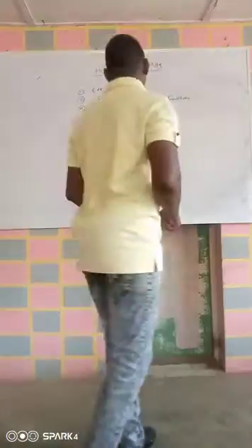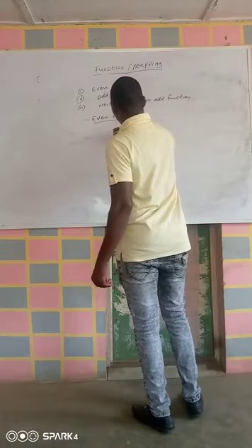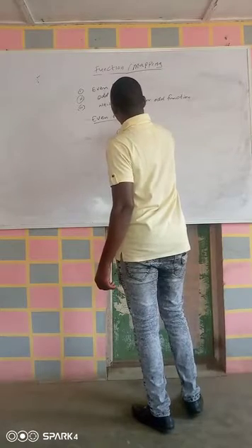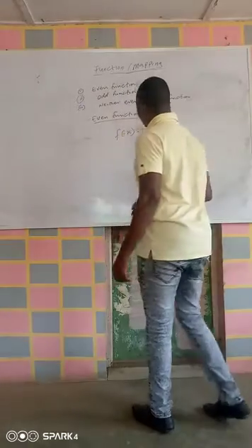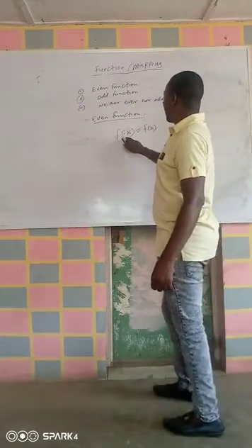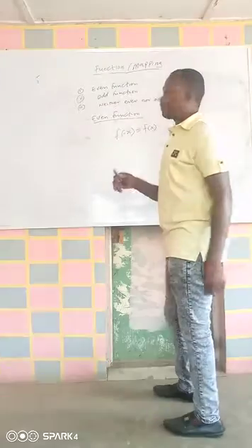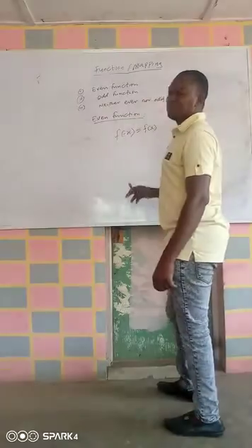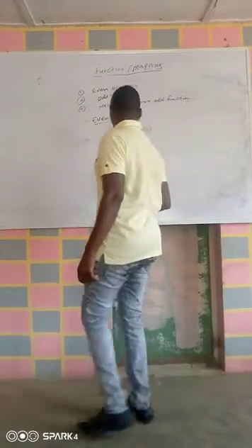Yes, it gives back the original function. So we can say that for an even function, f of minus s equals f of s. Okay? So substitute minus s into the function that is given, and it gives us back the original function. This is an even function. Okay?